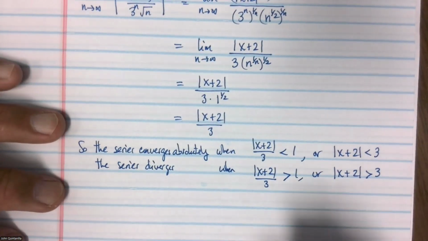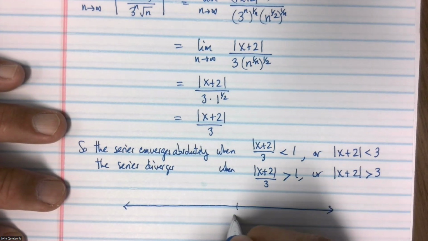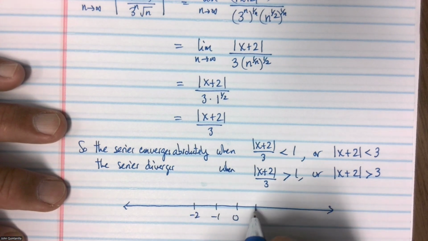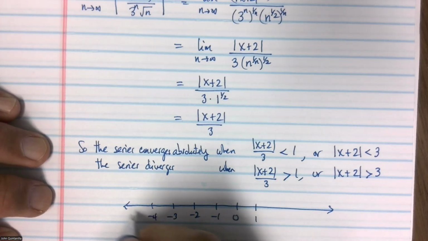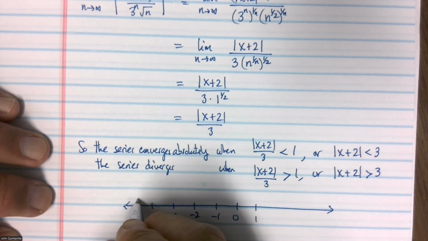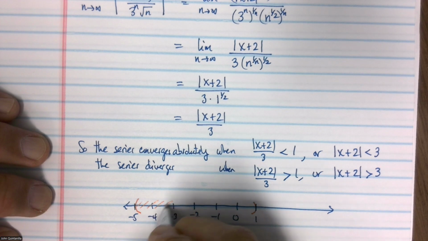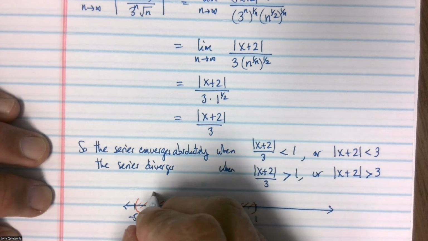Okay, so on a number line, here's 0, -1, -2. If I go 3 steps up to 1, and -3, -4, 3 steps down to -5, in the region that I'm marking here with orange, in this intermediate region here, the series converges absolutely.